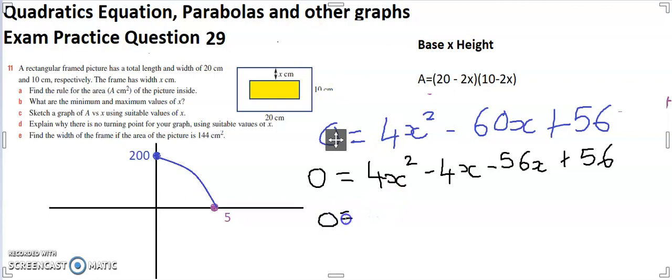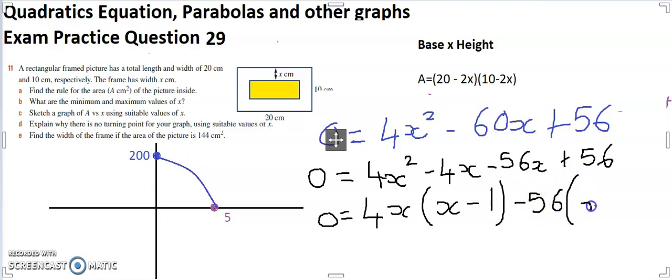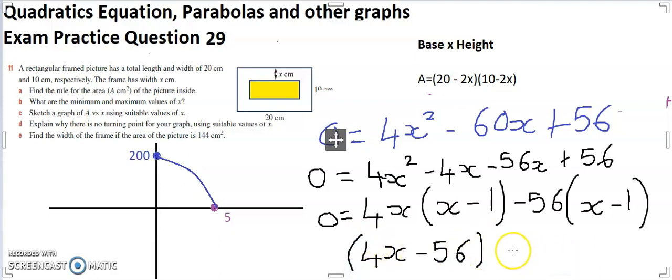So 0 equals 4x in brackets, x minus 1. And the same with the other side: I'm going to factor out negative 56, and that leaves me with x minus 1. So that leaves me with 4x minus 56, and the other bracket is x minus 1.